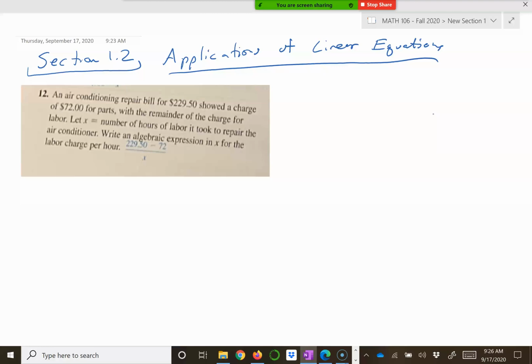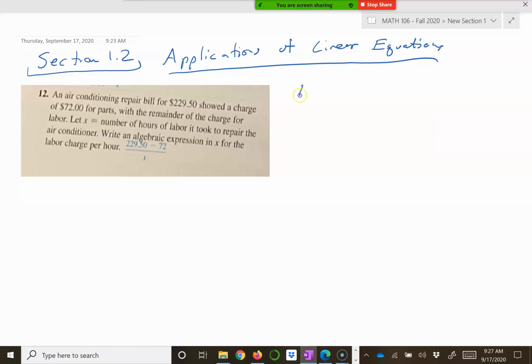This is from my book, so the answer is there, but I'm going to show you how you'd walk through a problem like this. First thing we want to do in word problems is label out some variables. This also helps with partial credit if you struggle with these problems.